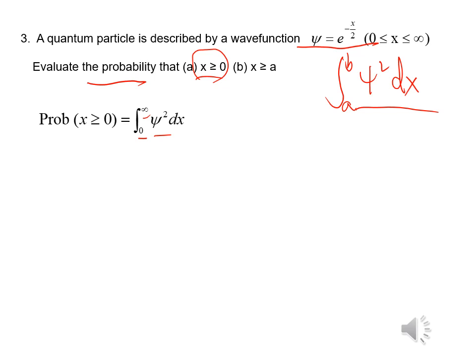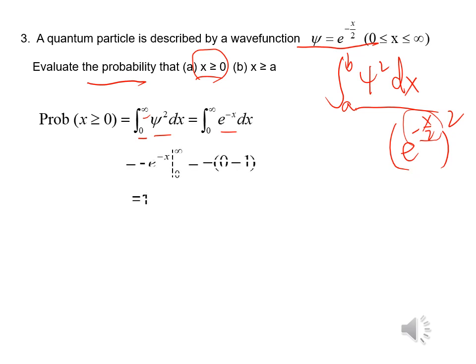Next, we plug the wave function into this equation. So we write e to the negative half x squared. When you square it, the power is multiplied by 2, and that gives you negative x. So e to the negative x. The integration of e to the negative x is negative e to the negative x from 0 to infinity.